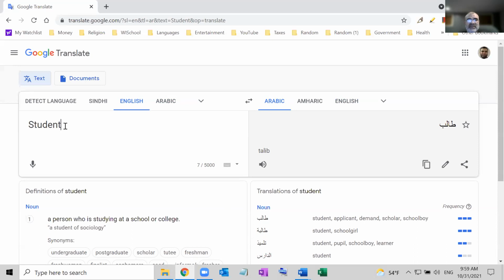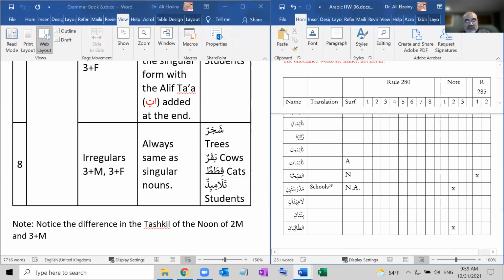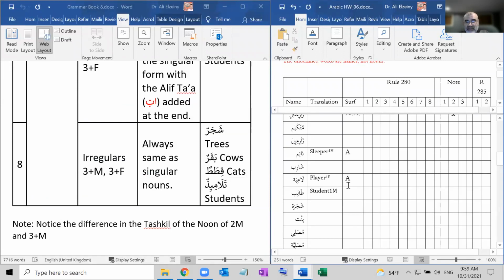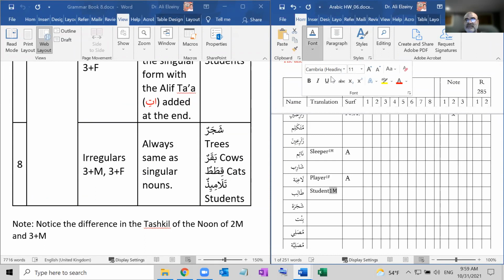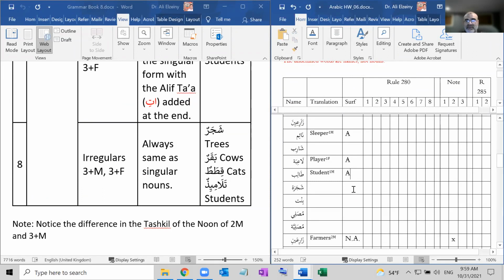There's no S, so it's singular, one student. Therefore, it's not irregular plural. So, student is one male. And sarf is allowed because we checked everything in the tables.